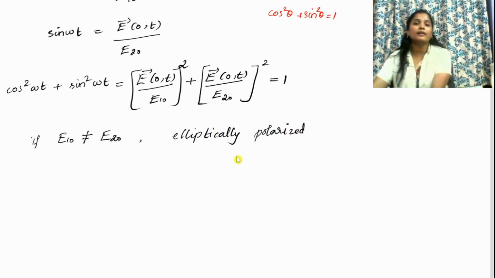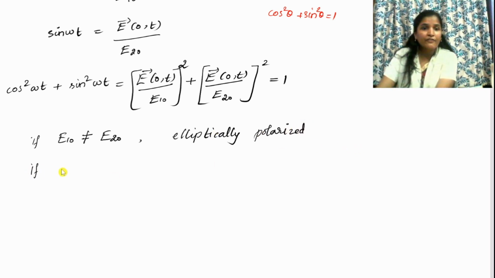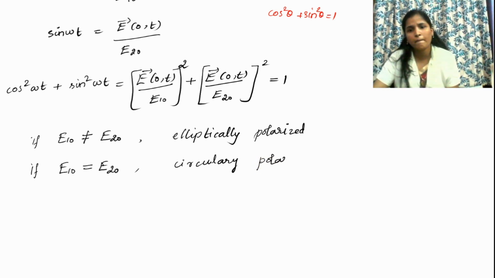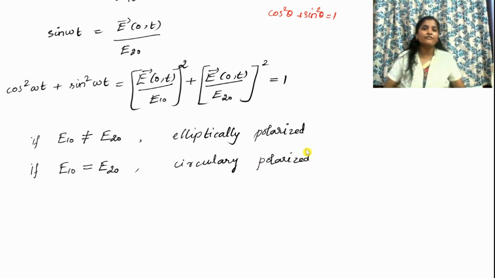Similarly, the second case: if E1 naught is equal to E2 naught, then we can say that the wave is circularly polarized. If we apply these two cases, we can decide whether the wave is elliptically or circularly polarized.